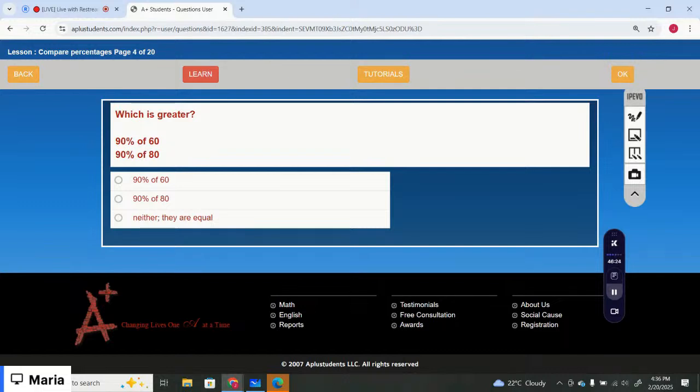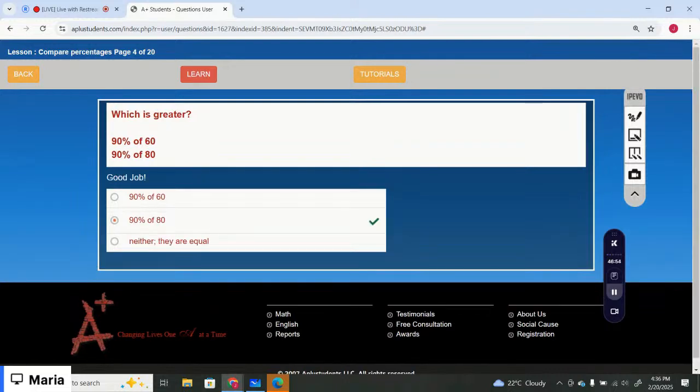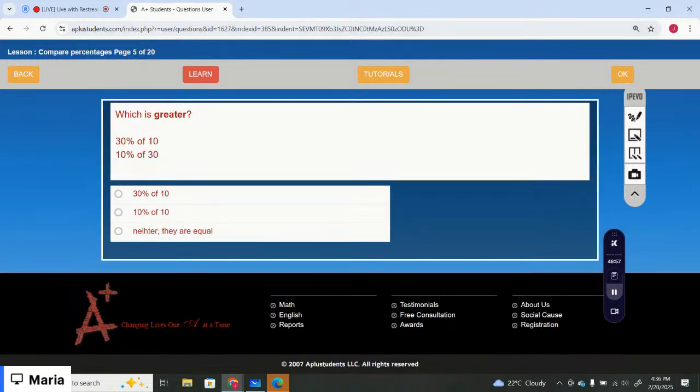Which is greater, 90% of 60 or 90% of 80? 90% of 80 is greater than 90% of 60. Which is greater, 30% of 10 or 10% of 30?